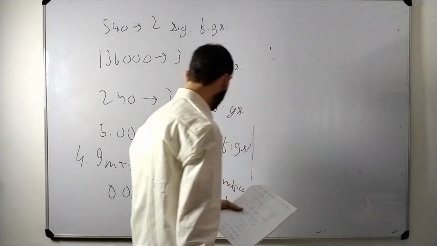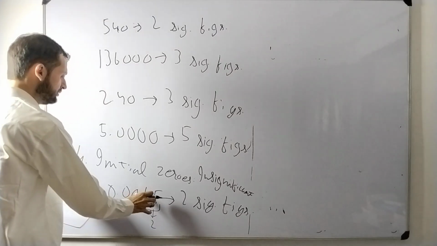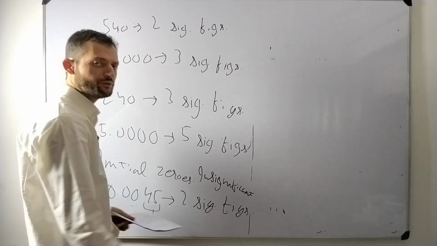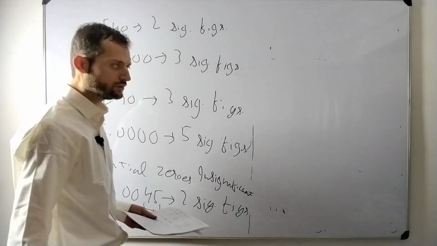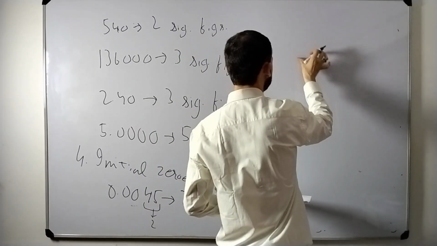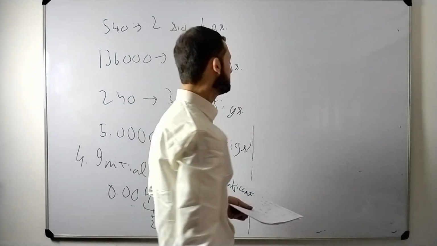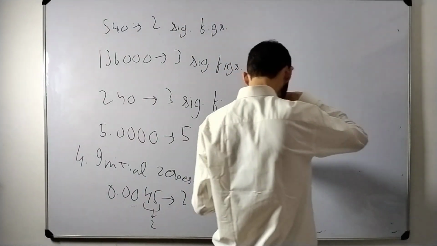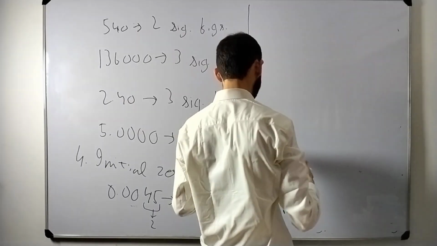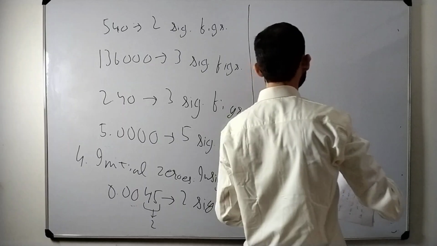You might have noticed that the number 0.00045 can actually be converted into powers. 4.5 can't be converted simply into negative powers of 10, so this makes 2 significant figures. So initial zeros are not counted.